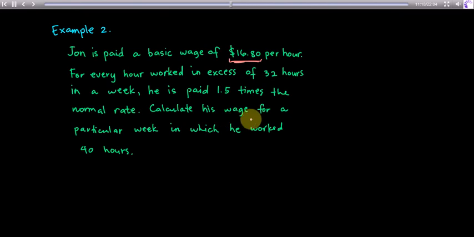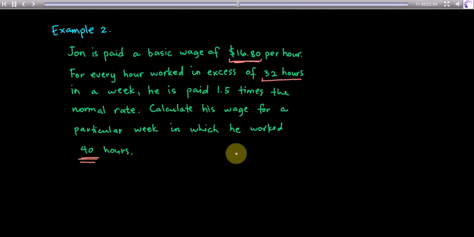Calculate his wage for a particular week in which he worked 40 hours. Again, he is paid only the basic wage for 32 hours in a week, and the remaining would be up to 40 hours. So let's have this one.